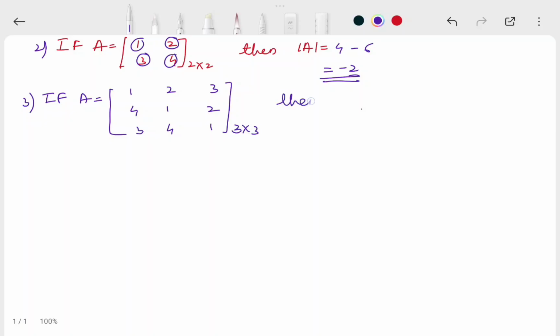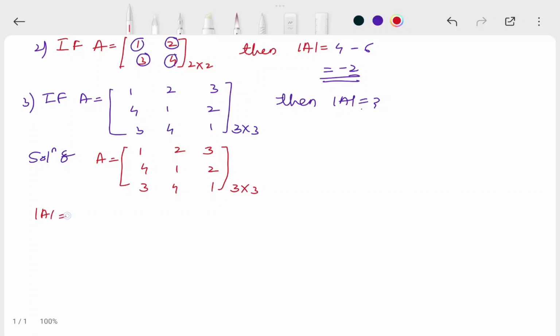So, in this example, we solve the 3 cross 3 matrix. Solution, how to solve it? Let's start. Now, the method is, write down the given matrix. Given matrix is 1, 2, 3, 4, 1, 2, 3, 4, 1. This is the 3 cross 3 matrix.